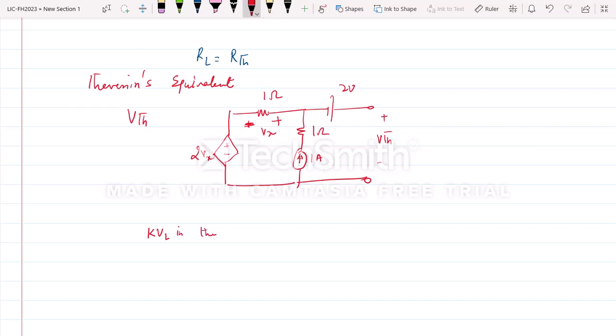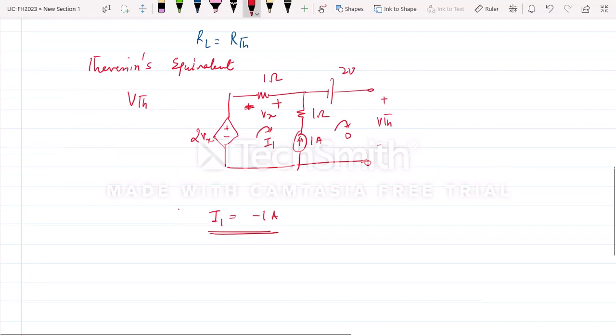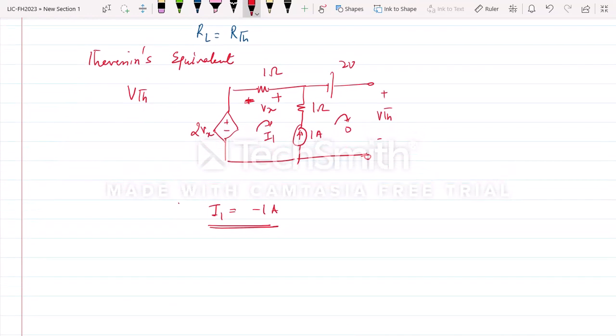Now first let us find the value of Vx. Now the current is I1 and the current here is 0. So you can see I1 is nothing but minus 1 ampere, because I1 is coming down and 1 ampere is going up. And from this we can say, when you apply KVL only in this branch, current into resistance will be your voltage.